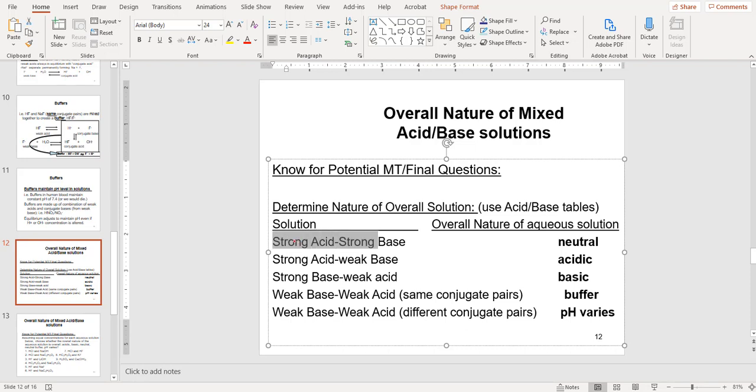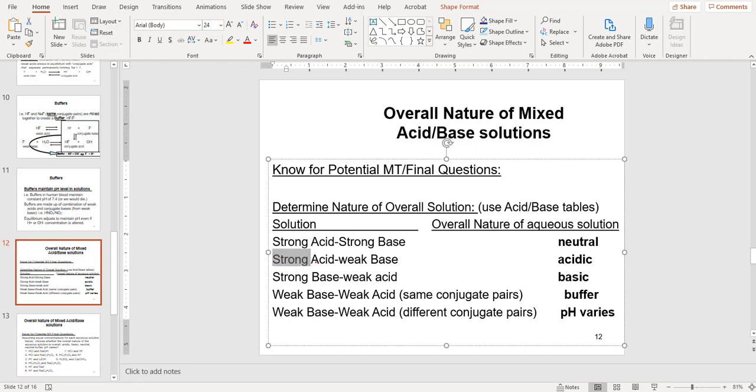So for example, 1 molarity of this strong acid, and then 1 molarity of a strong base. So assuming they have the same concentrations, we need to figure out whether the overall solution is going to be neutral, acidic, basic, buffer, or pH varies.